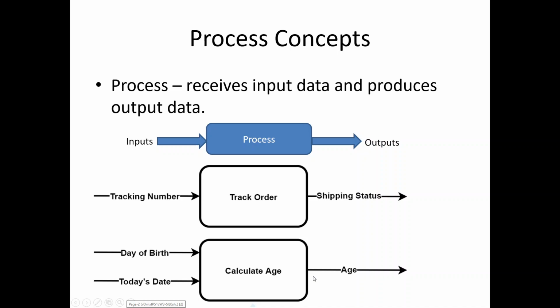In the next example, this process would do the calculation based on the birth date of a person and today's date, and then it would output the age of that person.